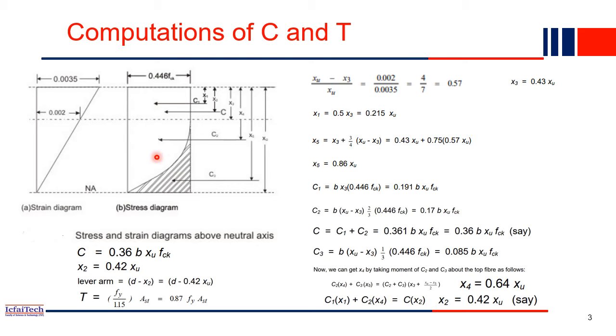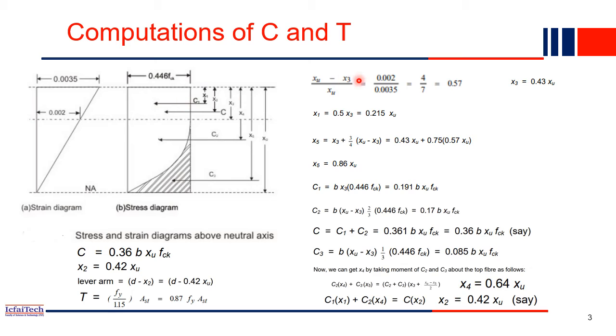Let's first see a few figures here. This is the strain diagram, which we discussed in the last class also. The extreme strain in concrete is 0.0035 as per the IS code. Similarly, the stress at the extreme fiber is 0.446 fck. You understood how we got 0.446; we discussed this value in the last slide.